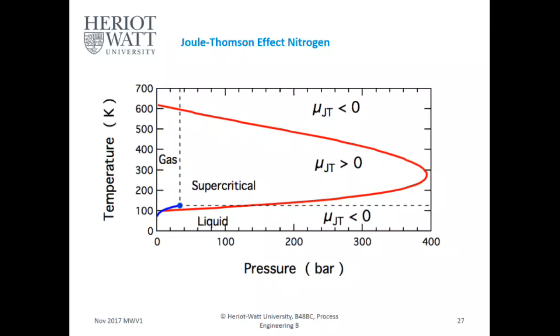But within that supercritical region, based on thousands of measurements, you still have a positive Joule-Thomson effect. This applies to most gases, such as natural gas, CO2, but this changes slightly. Remember, this directly applies to your PV diagrams.